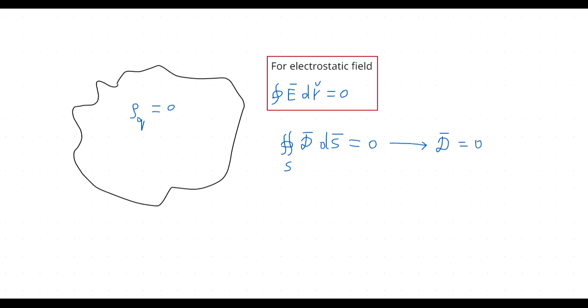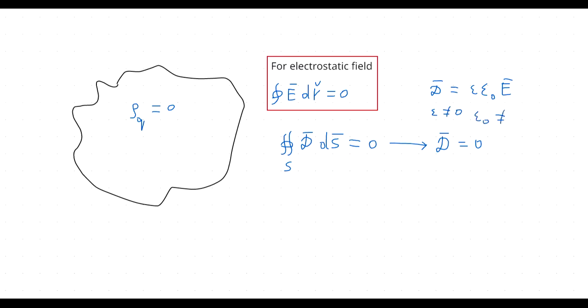But as we know, the electric displacement vector D is always equal to epsilon 0 E. And epsilon 0 is not equal to 0.